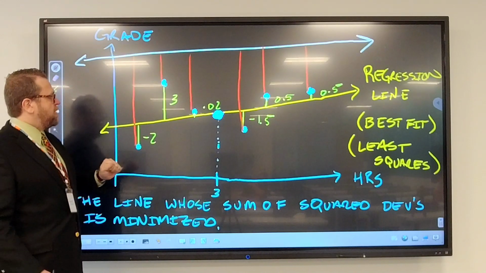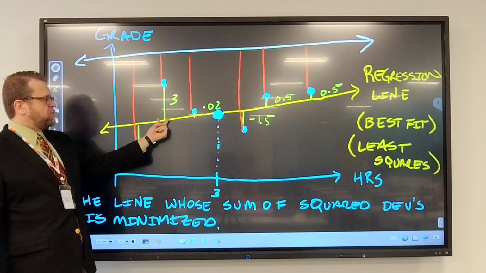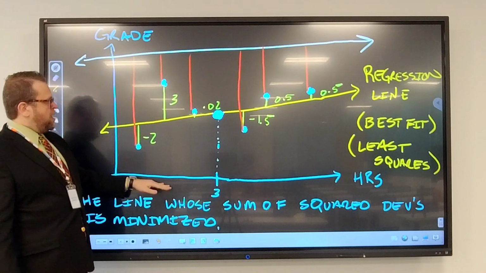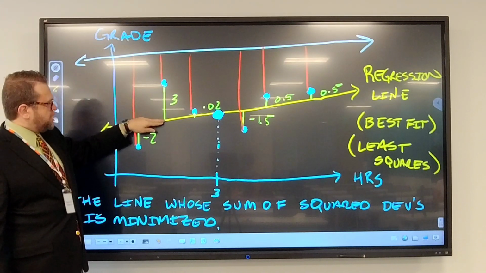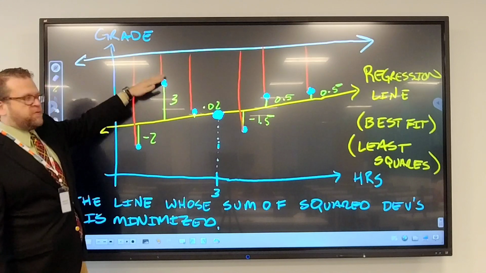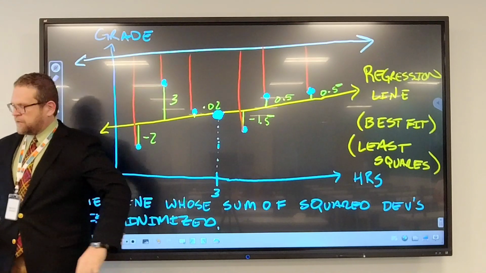So in that sense, we could make predictions. Obviously, it would be a little bit off right here, but this is probably the best prediction I could make, even though this deviation here is kind of big.